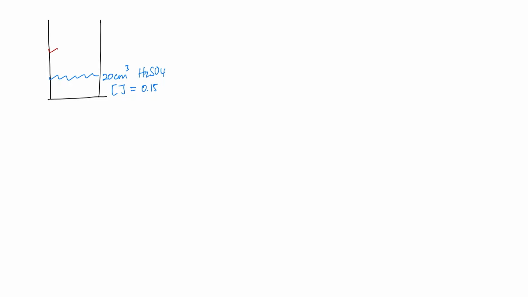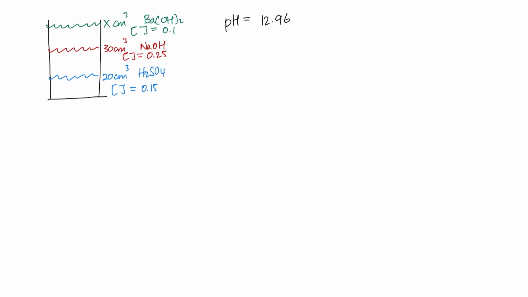Then they've added in some base: 30 cm³ of NaOH of concentration 0.25. And lastly, they add x cm³ of barium hydroxide of concentration 0.1 moles per dm³. And we know that the final pH, after all of these were added, is 12.96.